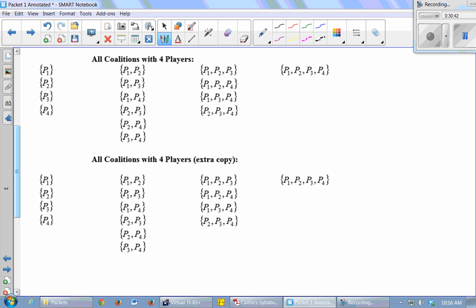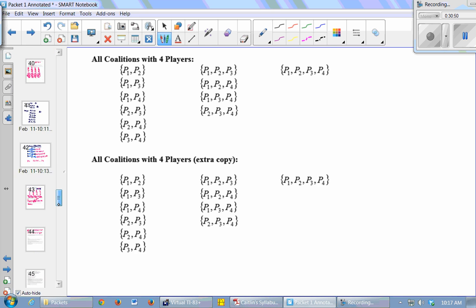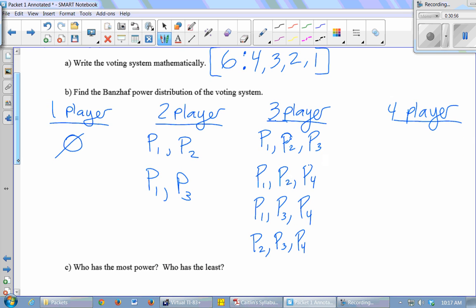So this can be a big help in your homework if you're having trouble coming up with the winning coalitions. All right, and then we have the 4-player coalition, player 1, player 2, player 3, player 4. All right, so these are all the winning coalitions.